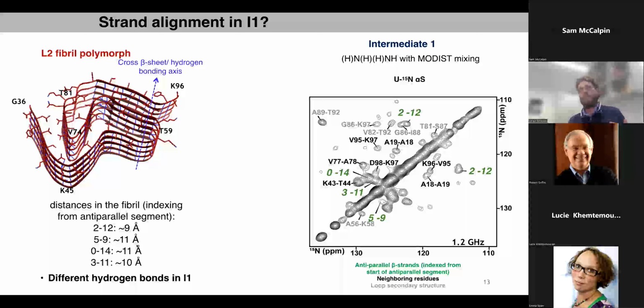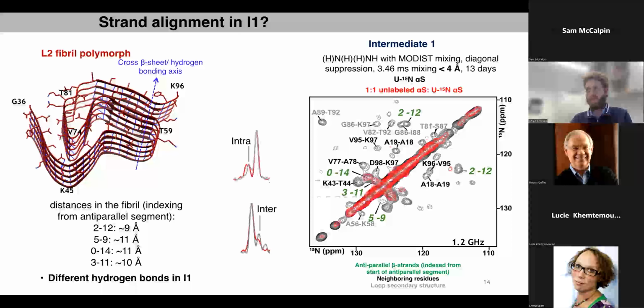The next question that we had was which of these are an intramolecular interaction and which are an intermolecular interaction. And for that, we used a 50% diluted sample, which has 1-to-1 unlabeled and labeled alpha-synuclein. So an intra type of contact should show us full intensity compared to the diagonal, whereas an intermolecular cross peak should show us half of the signal compared to the diagonal.